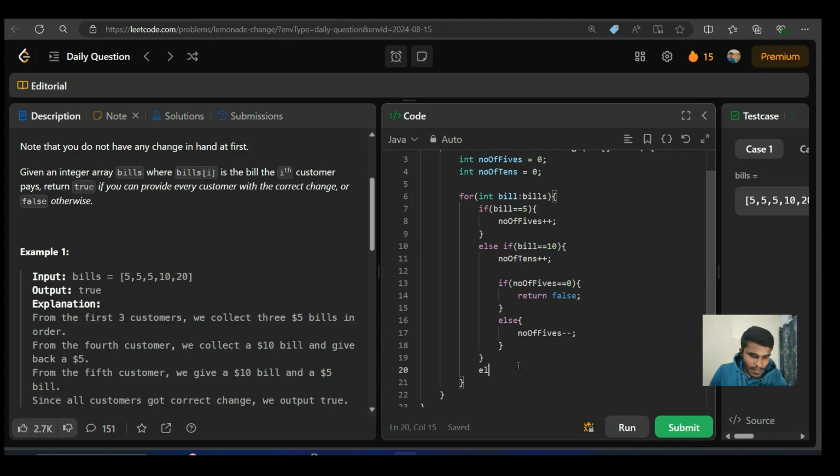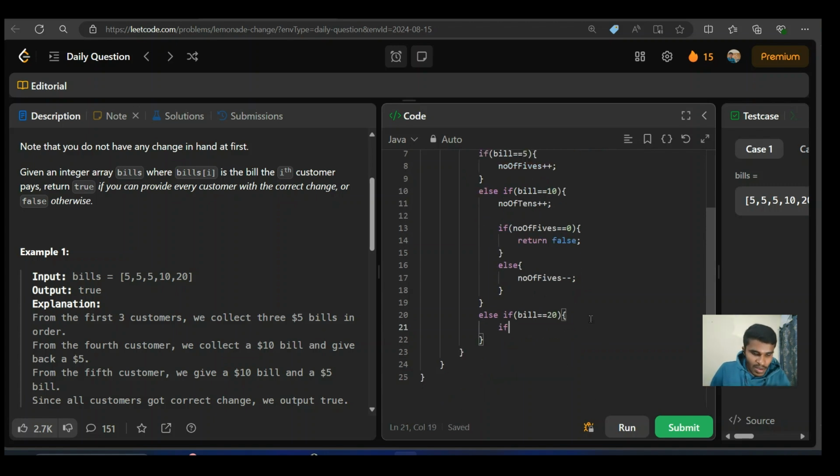Else if we encounter bill equal to 20, then I first check if number of fives equals 0, I directly return false. Else, I write this in brackets.